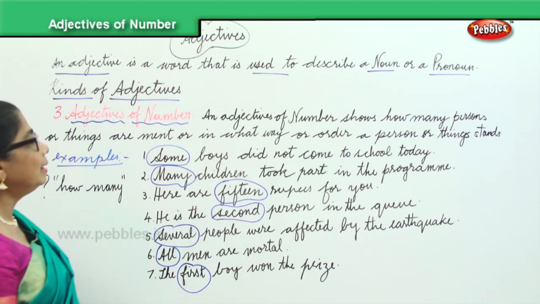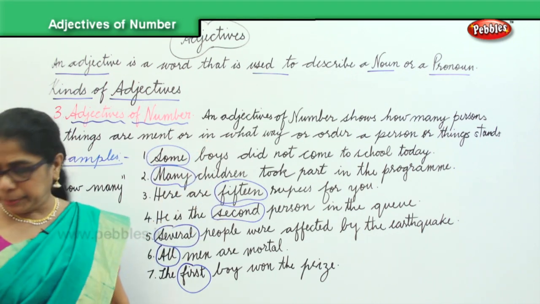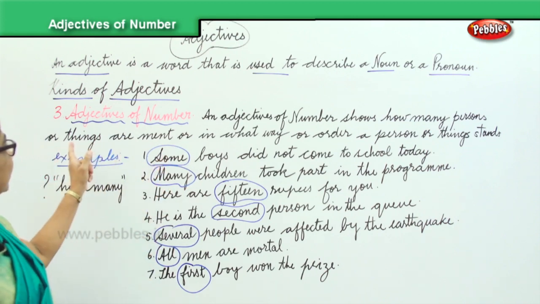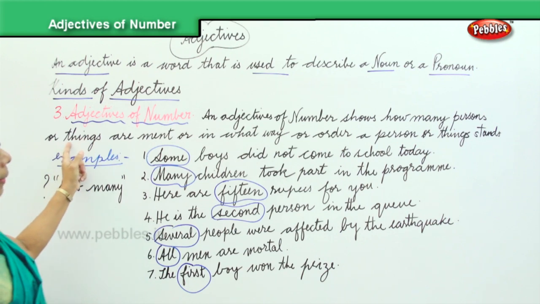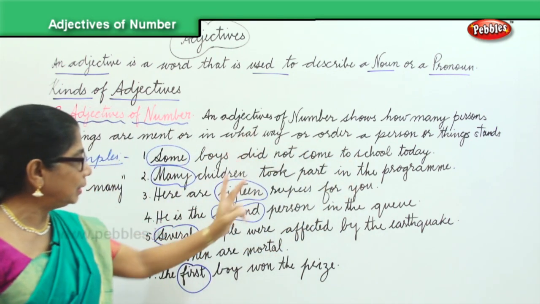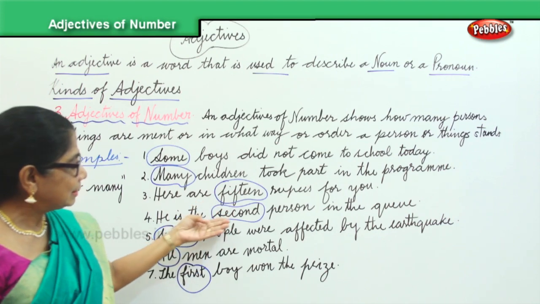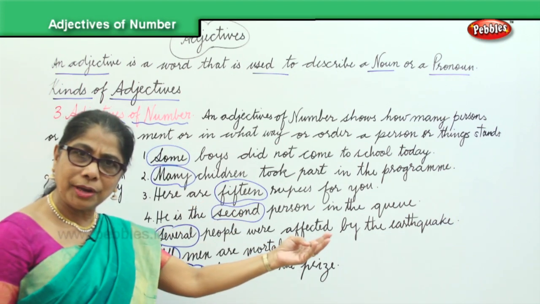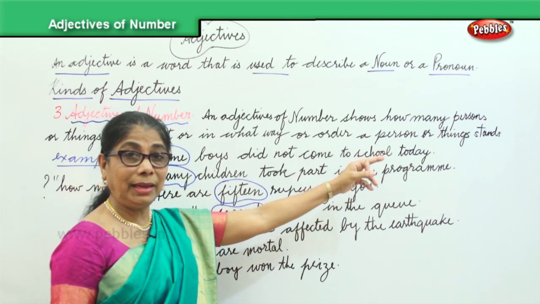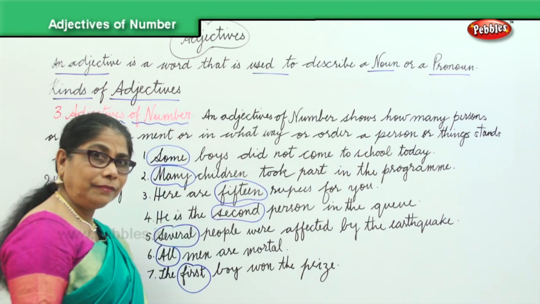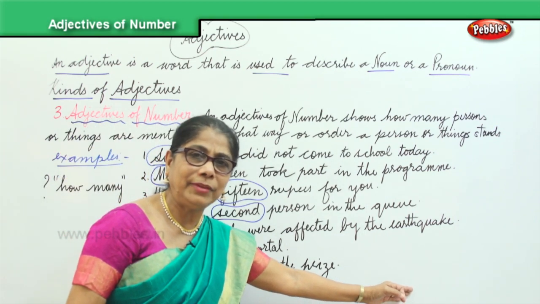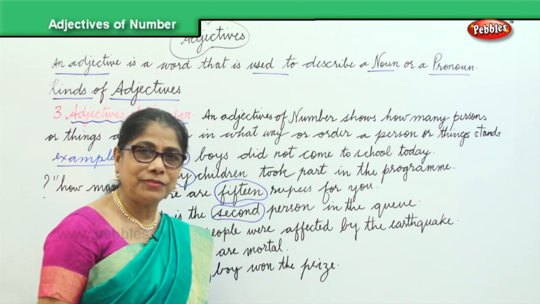Now, here in adjectives of number shows how many persons, things or things meant, or what order. And I have two things, order. Here we have second person, first boy, order of persons or things. Okay, supposing I say cut off the 13th, 14th and 15th trees, order of trees to cut off.